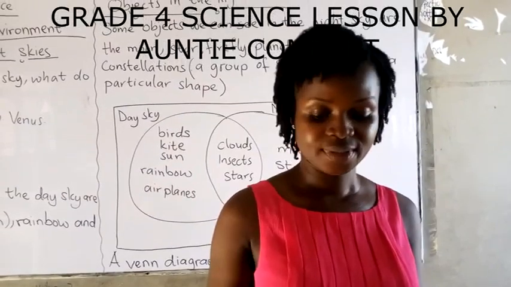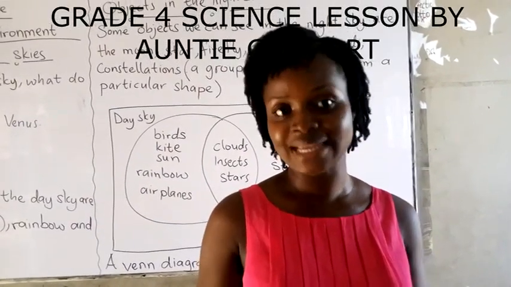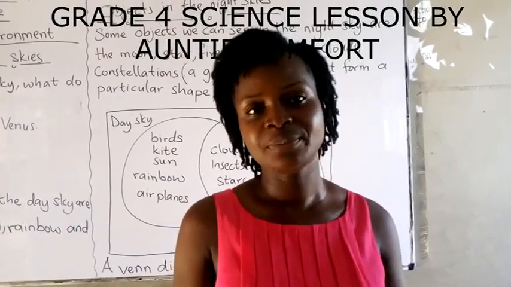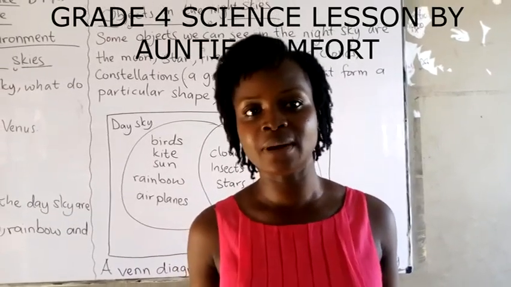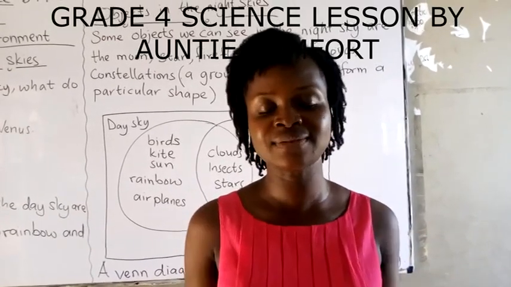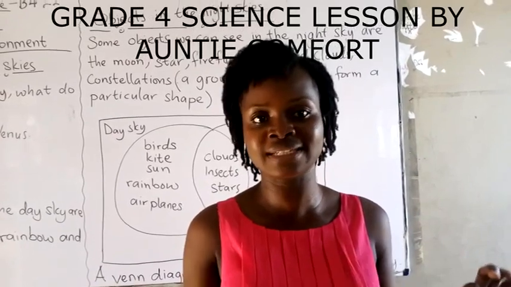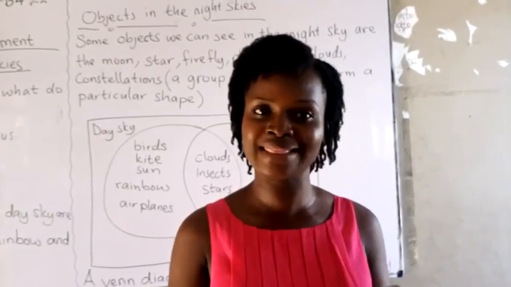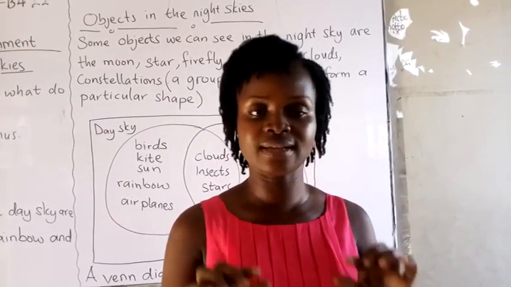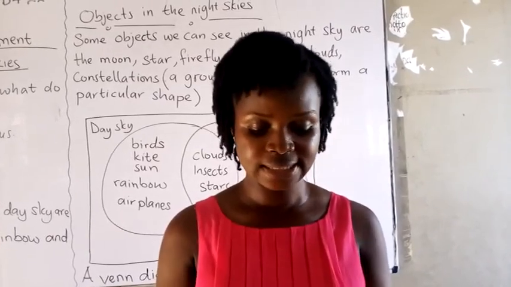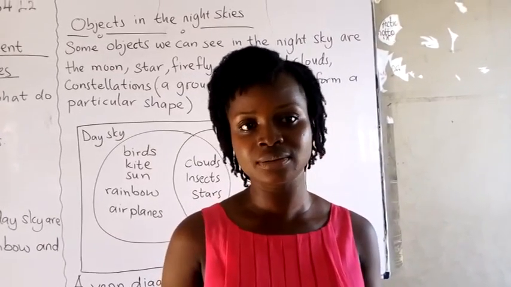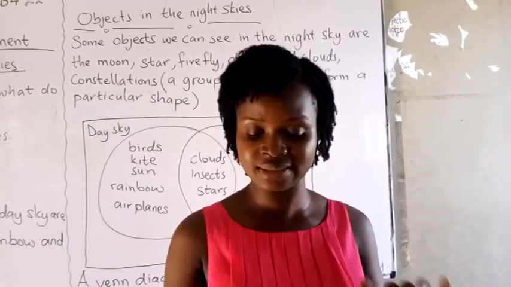Before we go on to today's lesson, the previous one we learned something about the life cycle of organisms, and we chose plants, and the type of plant we chose was maize. Maize is a cereal crop that is best sown here in Ghana.